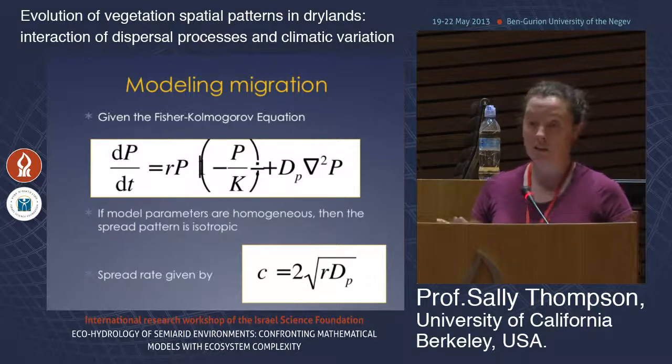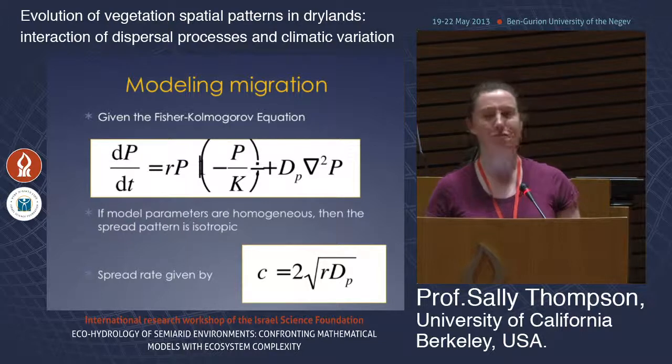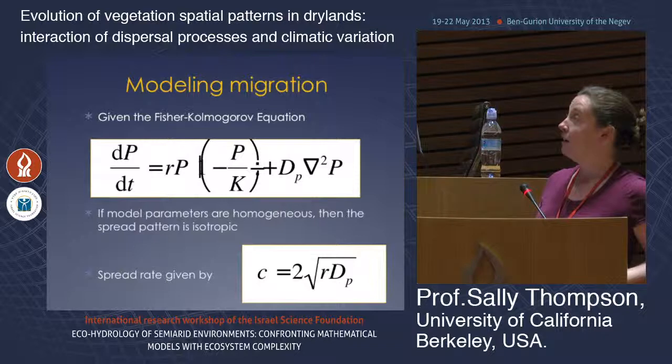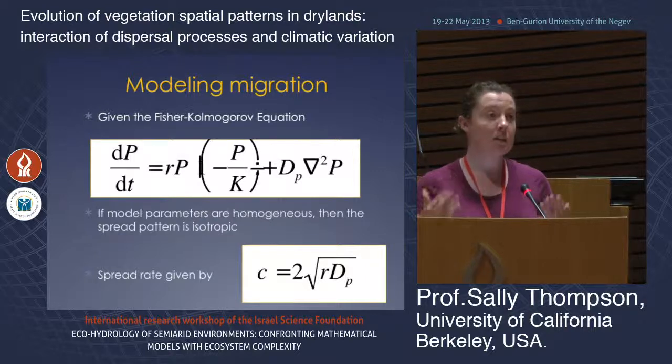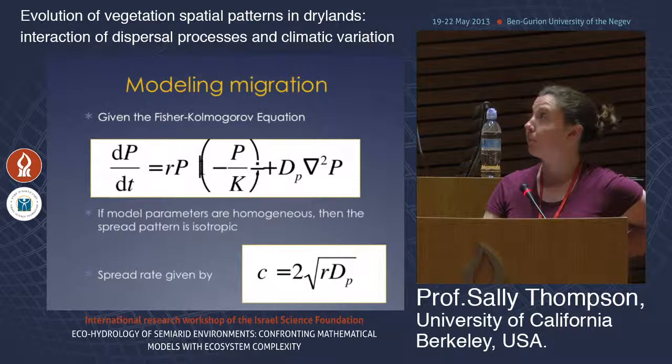That is purely a function of the growth rate of the population and that diffusion coefficient itself. So we have this dynamical behaviour for this simple system that's really very strongly constrained by two of the parameters in the model.